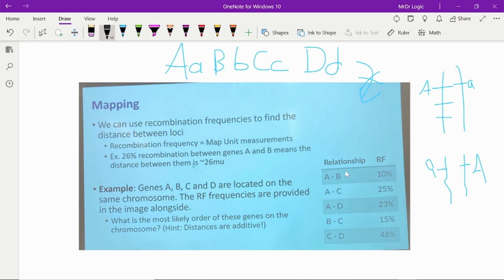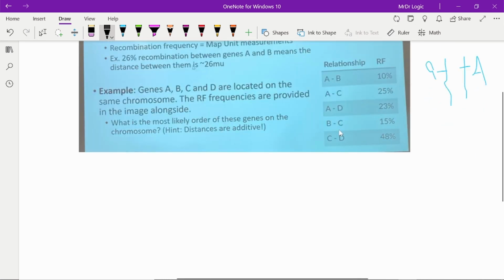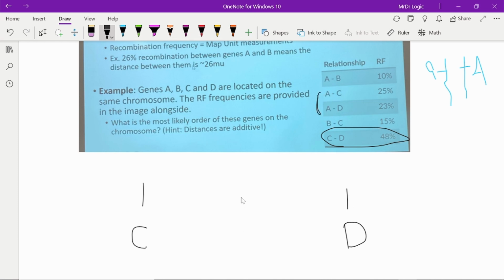Okay, I'm assuming now you have already answered this question. I've just jumped right ahead. And now the answer, just by looking at this: C and D are the furthest apart, so we'll put C over here, D over here. We notice that A and C are pretty much the same distance, so we'll put A in the middle right here.